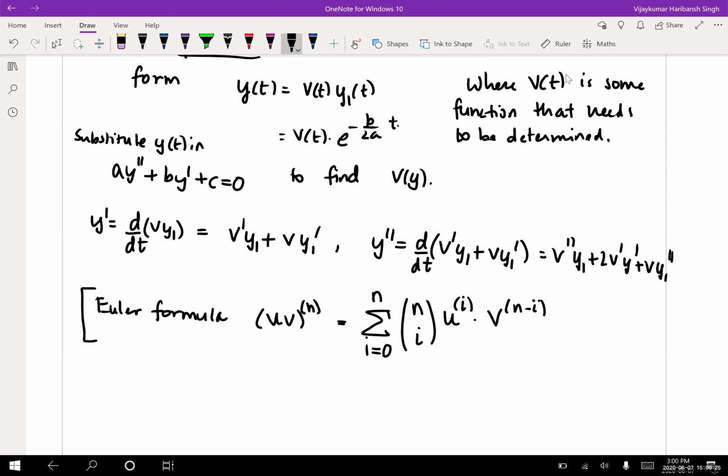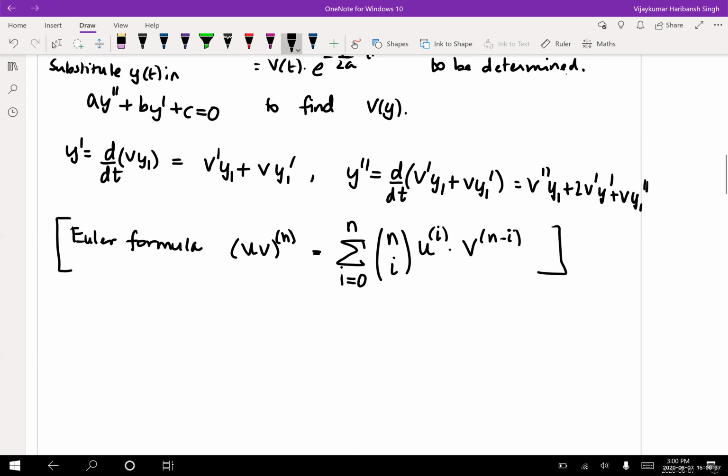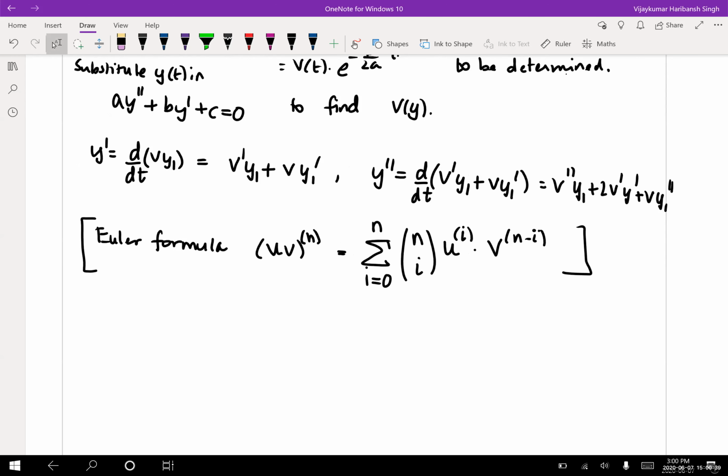You can prove it easily using mathematical induction, but in our work, we can assume this result. This gives you an easy way to find the nth derivative of a product. Otherwise, you could use the product rule twice here and get to the same answer.